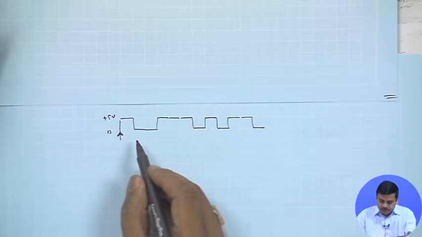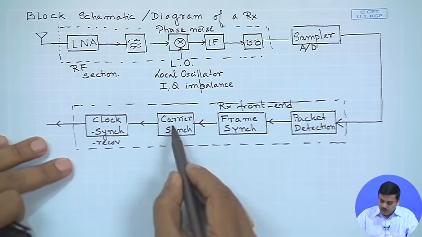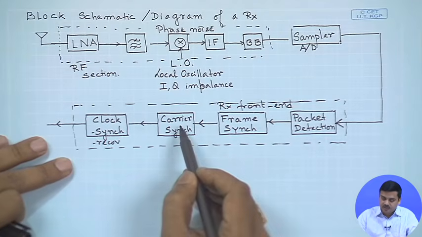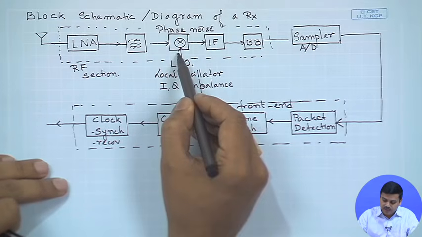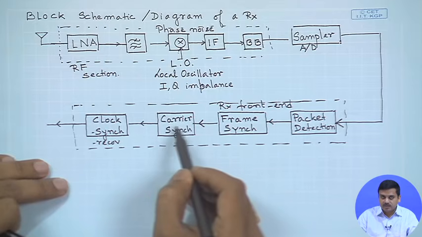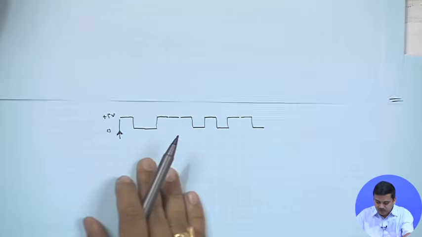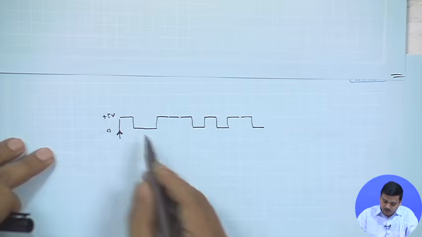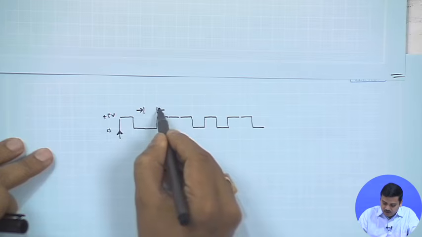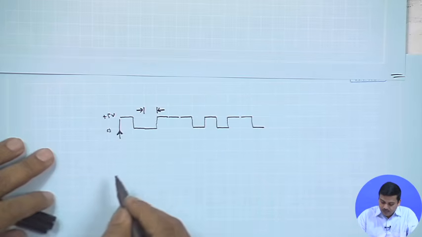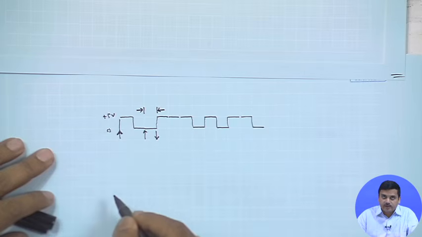Now once you do this, there is carrier sync, because whatever residual carrier offset is present, that gets tracked over here, and one could correct this in the analog part, or one could do a phase correction in baseband also. And then clock sync is also very important, because now the point is you have to identify which is the bit duration or the symbol duration, ideally speaking this one, but one should identify that yes, this is the starting point and this is the ending point.